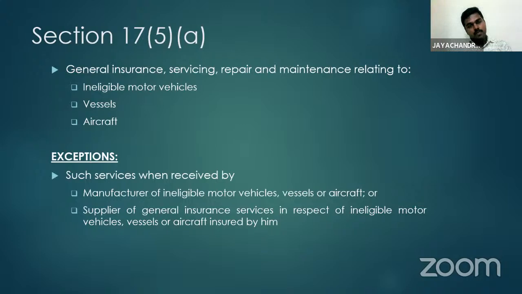After purchasing, yearly once you have to pay insurance, or you may avail a service for that vehicle, or you may avail repair and maintenance relating to that vehicle. Which vehicle? A vehicle with seating capacity less than or equal to 13, which is also used for the purpose of picking up and dropping the CEO or chairman of the company. For those vehicles, if you are availing insurance, if you have paid GST for general insurance, servicing, or repair and maintenance, those ITC are blocked.